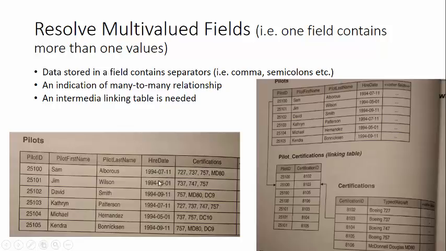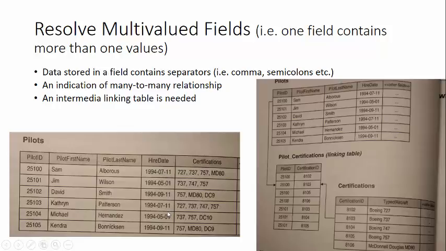So in this particular example, the pilot table contains pilot ID, pilot's last name, first name, hire date, as well as certification, which means what kind of airplanes the pilot can fly. For example, the first pilot can fly 727, 737, 757, and MD-80. But this column is a multiple value field. There are different certifications for each different pilot.